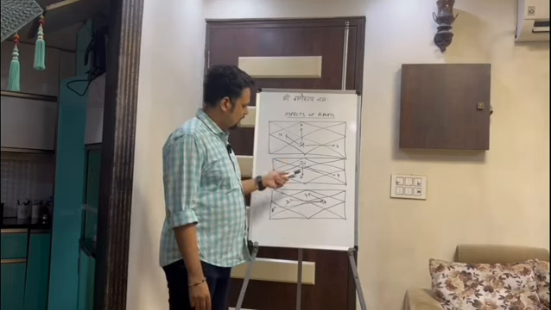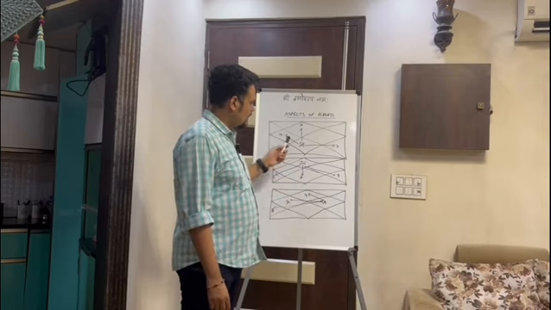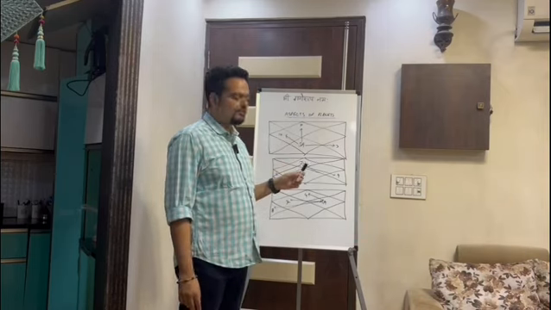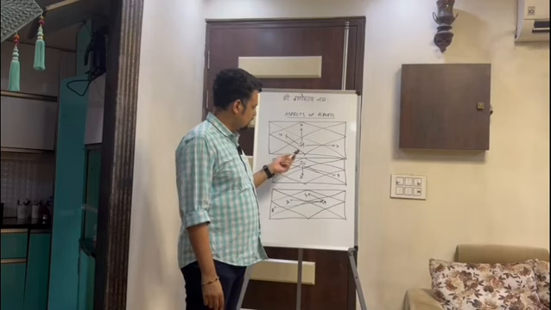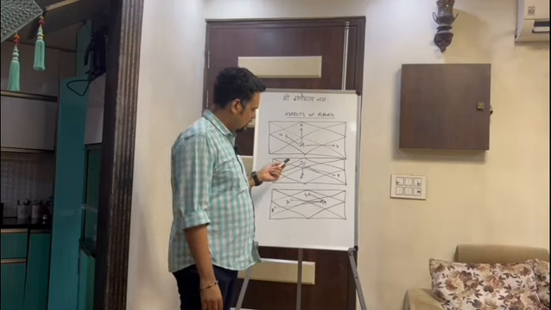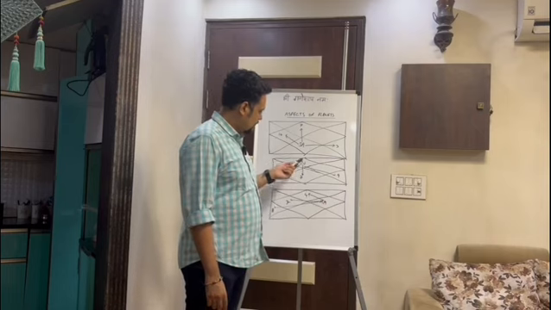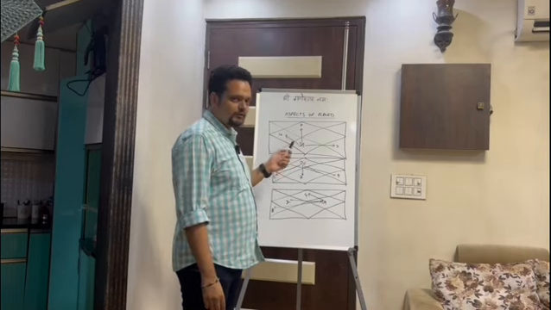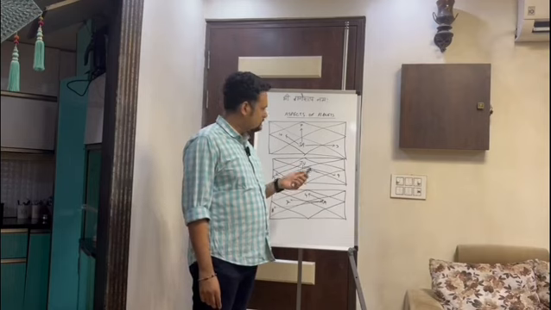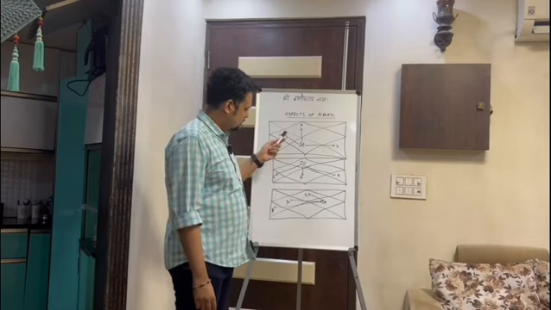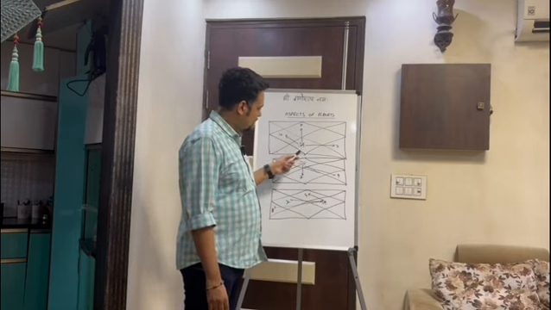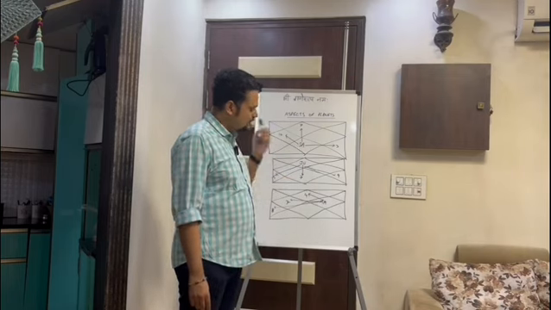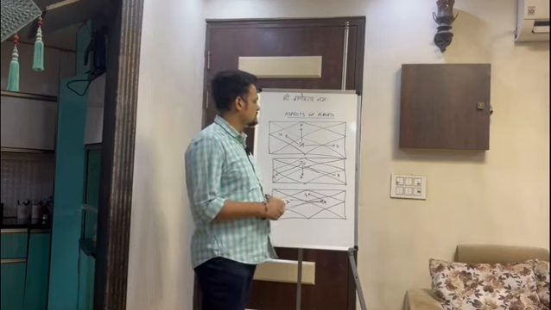Besides these planets, there are other planets having the same aspect, like Moon, Sun, Venus and Mercury. These four are having the same aspects, but Saturn, Jupiter and Mars are having different aspects.